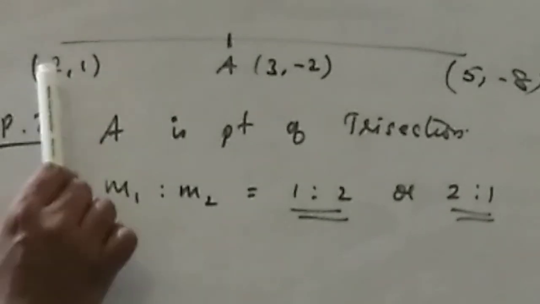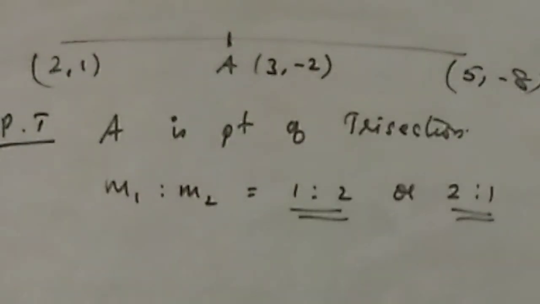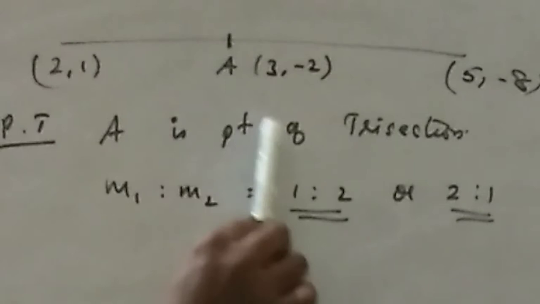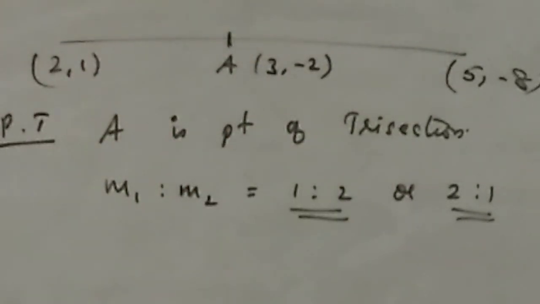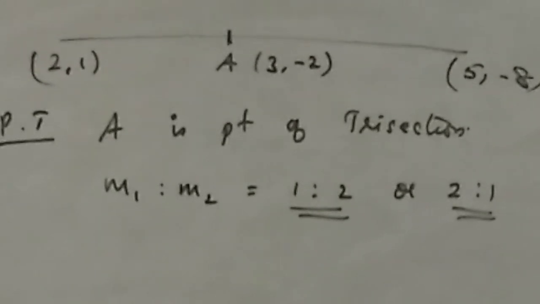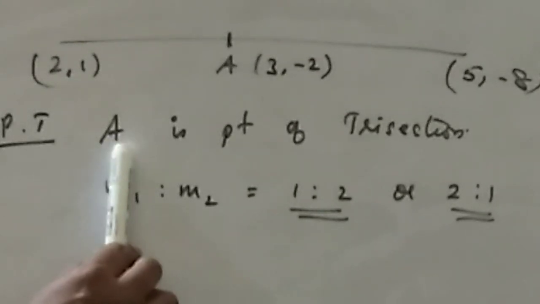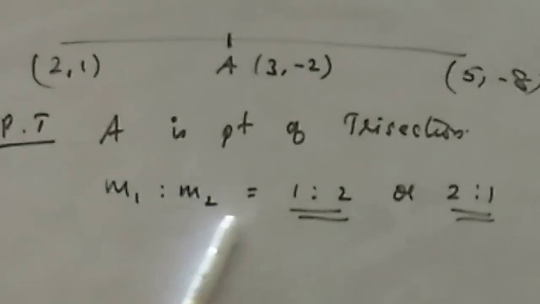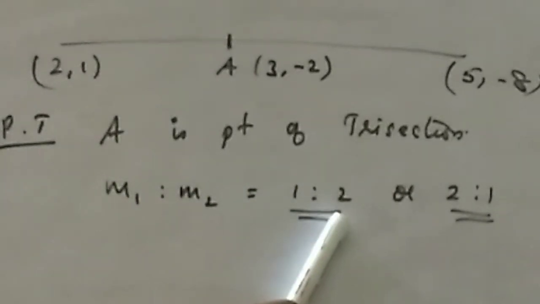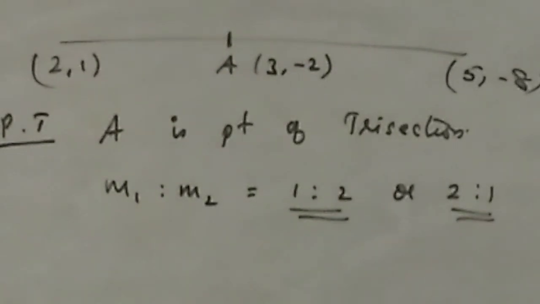First thing given (2, 1), (5, -8). And they said A is a point of trisection (3, -2). We have to prove it. That means we should get the ratio m1 is to m2 is equal to 1:2 or 2:1.